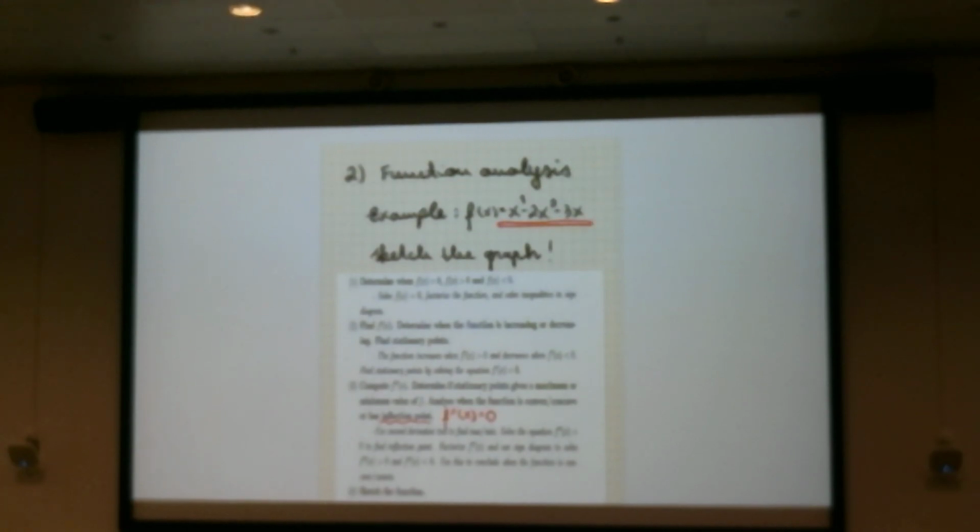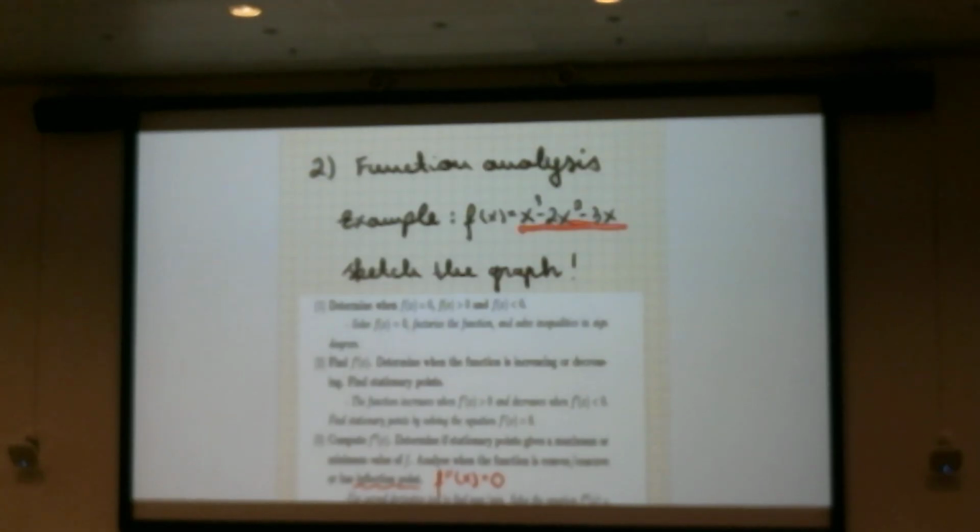So we have about half an hour. We have a function. Let's try implementing these steps, to find as much information about this function as we can, and then let's use that information to sketch the graph of this function. When you look at this function, it's not very obvious how it should look like. It has a power of 3, so it should be something like this, but it's not entirely clear.